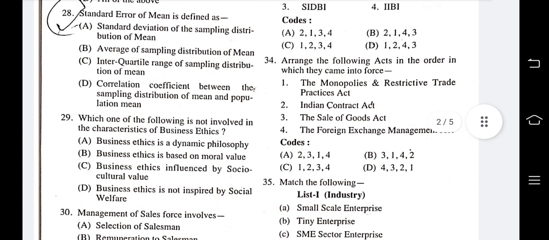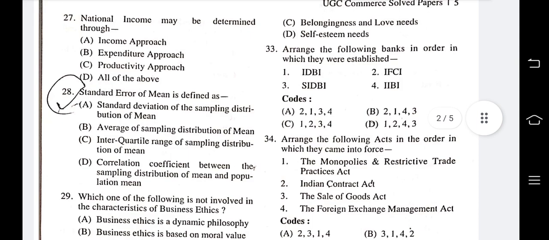33. Arrange the following banks in order in which they were established. IDBI 1964, IFCI 1948, ICICI 1955, IIBI 1985.